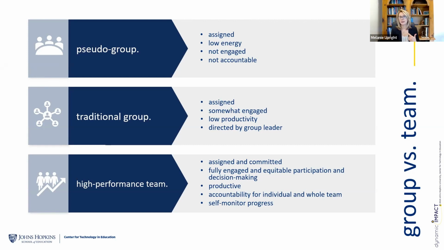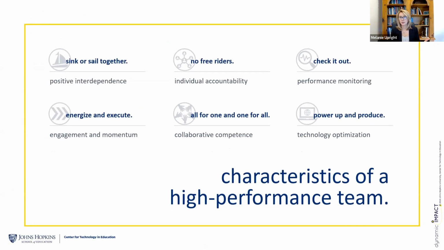So knowing this about the research, that the research tells us there's really a difference in the types of groups that we get exposed to in education and across industry, honestly. What JHU has done, and Dr. Mainzer and her work, is to take that and then to create a set of high performance teaming principles out of the research literature that says when teams have been successful, have operated at the highest level, what was present in those teams?